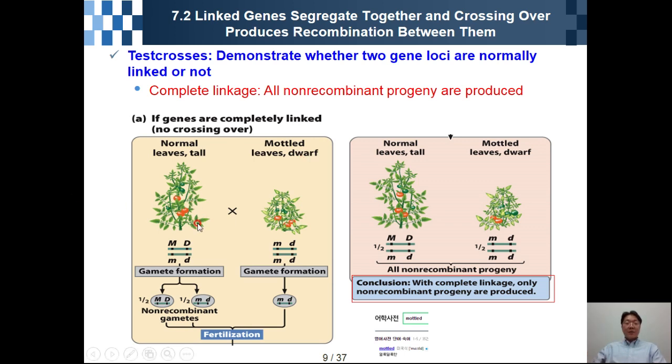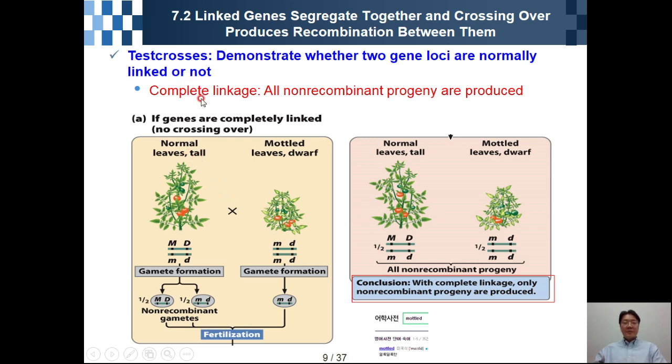But this is the heterozygote. Normal leaves are dominant over mottled leaves, and tall size is dominant over dwarf size. Even though they are heterozygotes, they will have normal leaves and tall shape.